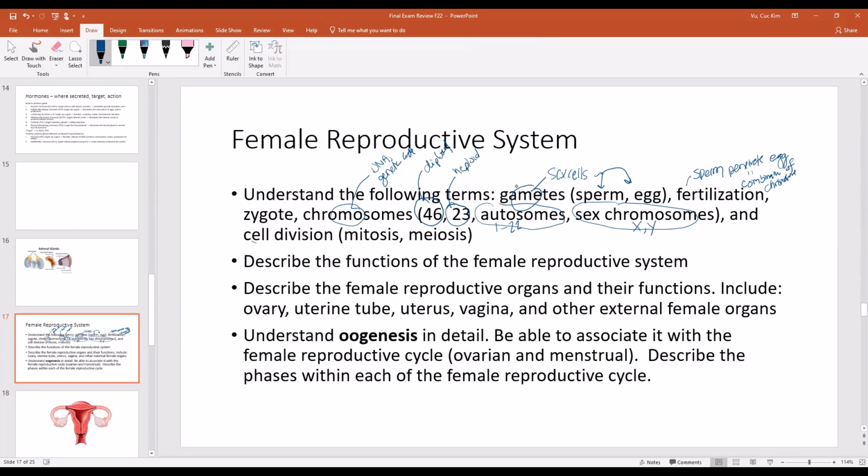Then cell division is when a cell divides, and there are two possible ways in which it can divide, through meiosis and mitosis. Can you explain what mitosis and meiosis are? Let's do a quick compare and contrast: mitosis versus meiosis.